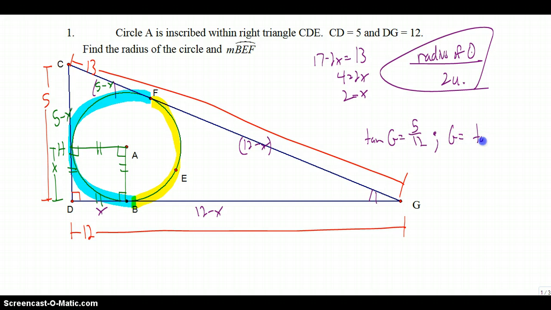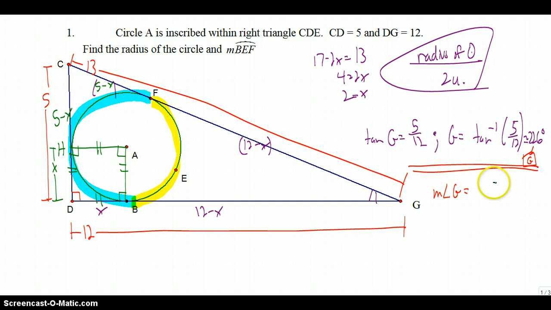So G is the tangent inverse of 5/12, and that is approximately 22.6 degrees. Now the reason why that's important is that the measure of angle G isn't a variable anymore, it's something I know. I should store that as some letter in my calculator.